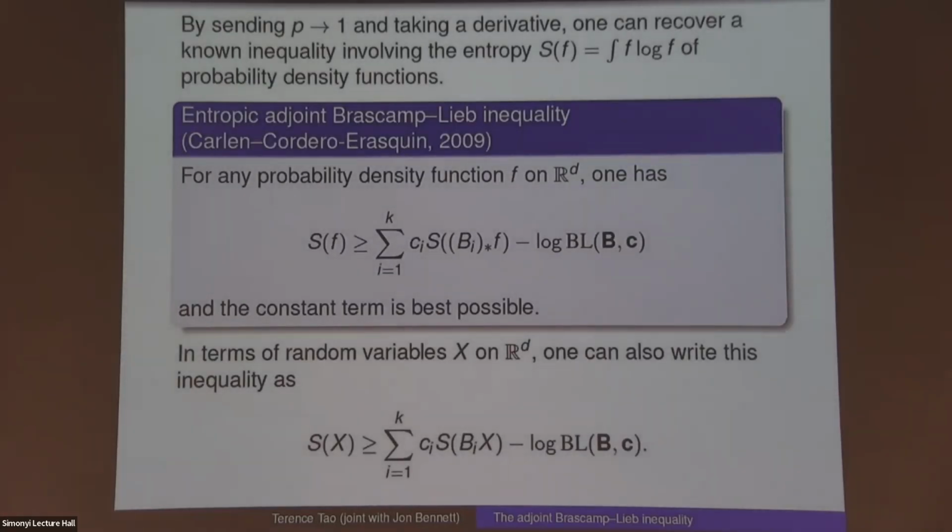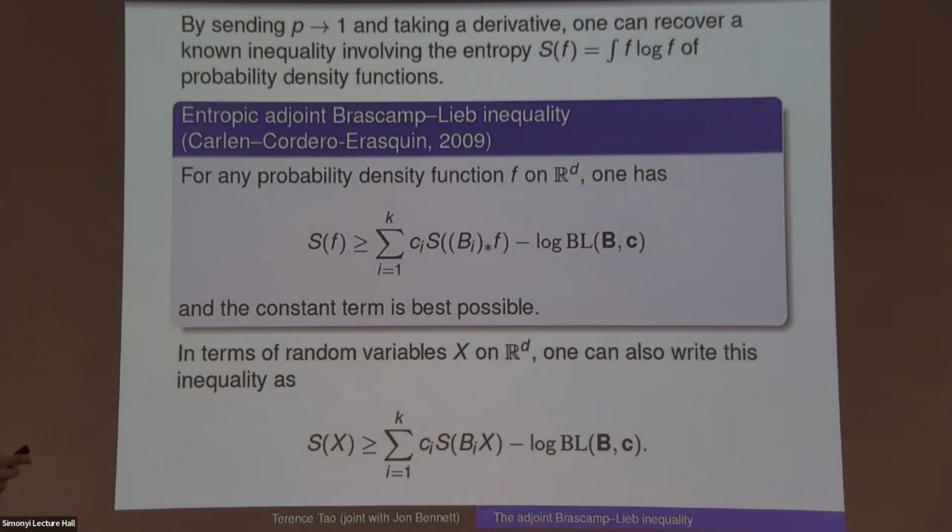Okay, there's another connection. This adjoint inequality is an inequality when P is less than 1. When P is equal to 1, it's actually an equality because the L1 norm is preserved by push forwards.